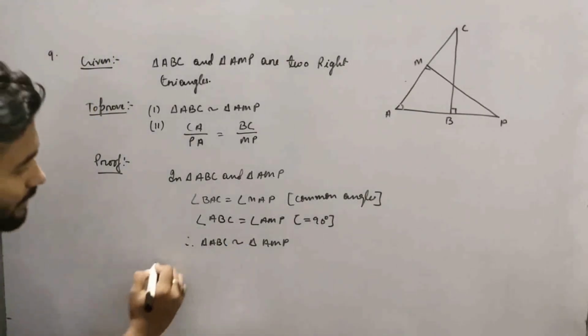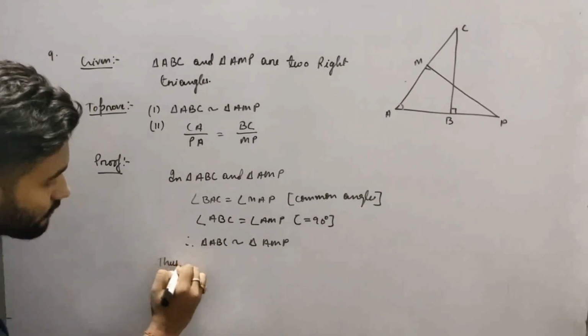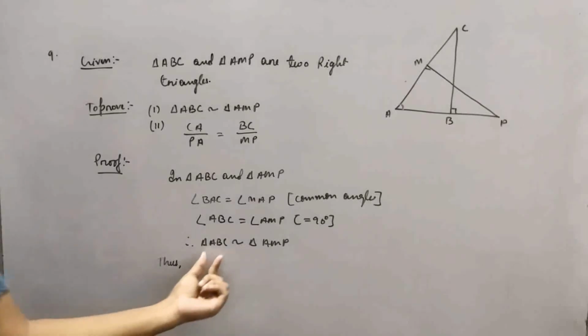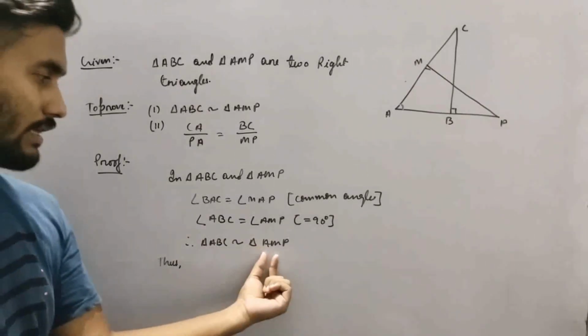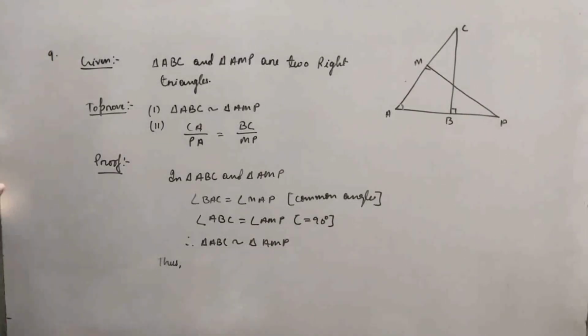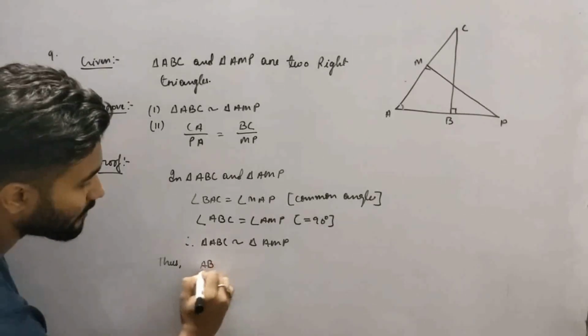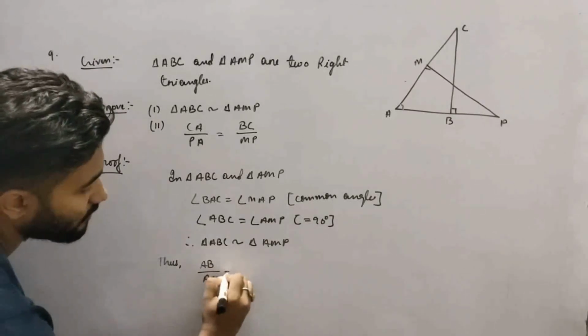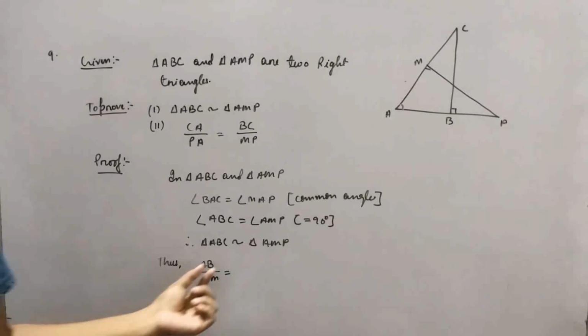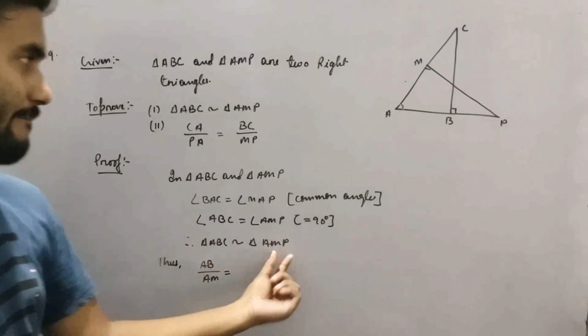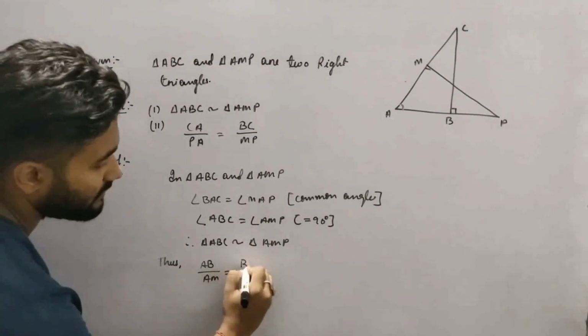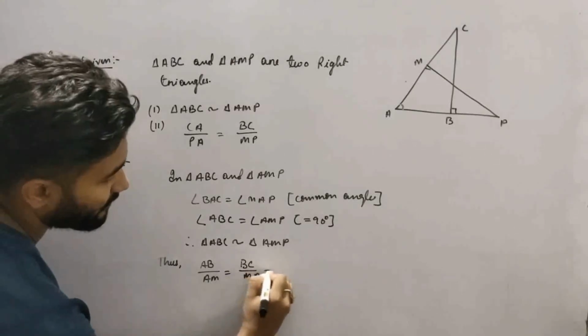So from here only we can write. If we take A and B, over here A and M. Okay. So write over here AB by AM will be equal to, if I take BC, then it will become MP, BC by MP.